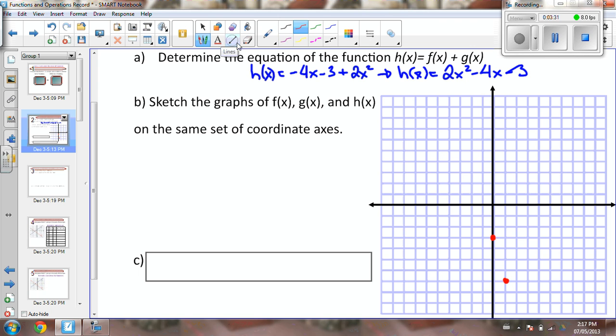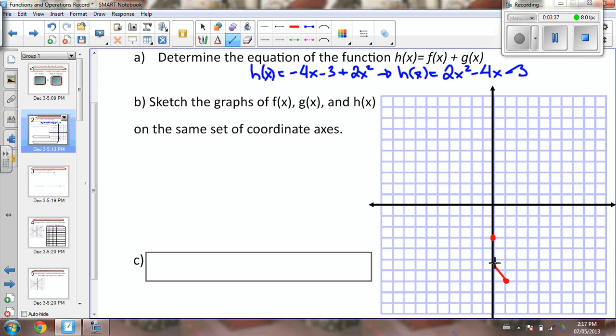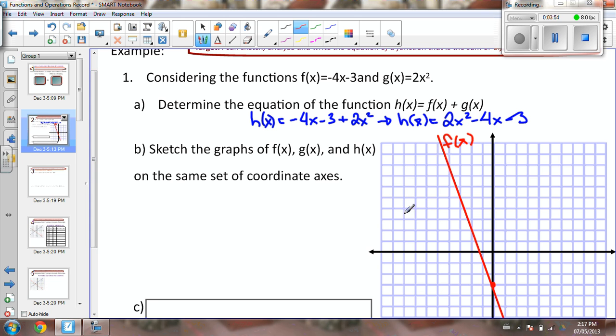And then I can take my line tool, let's draw a line. And extend that line. And I'm going to label it f of x. So they just want us to draw f of x and g of x onto the same axes.